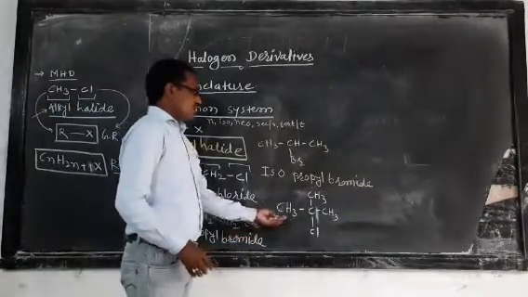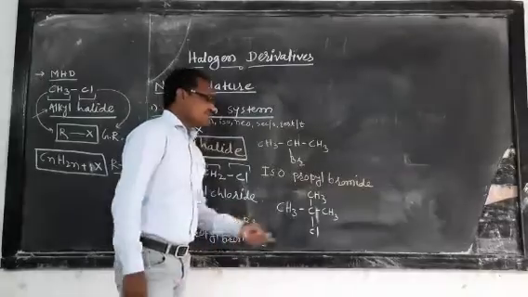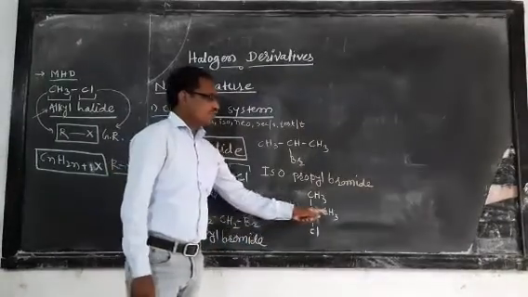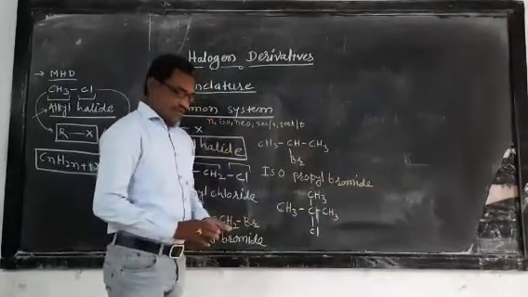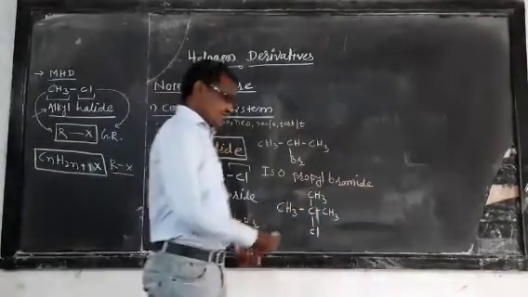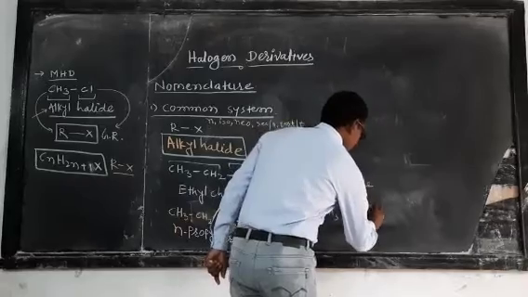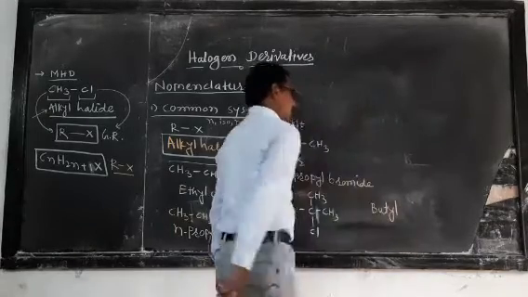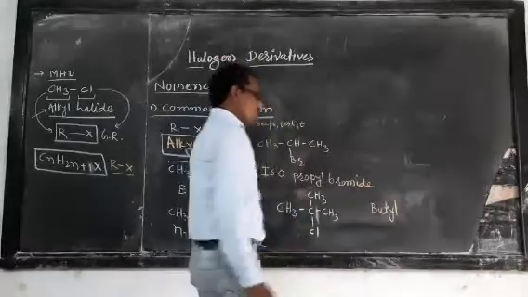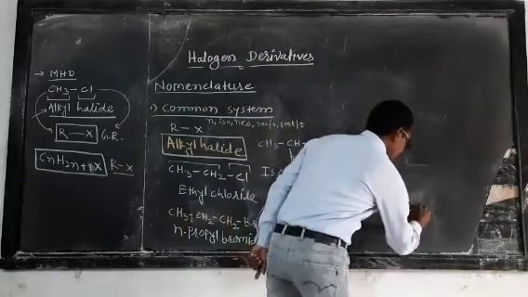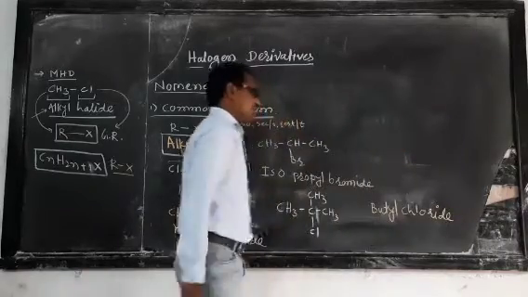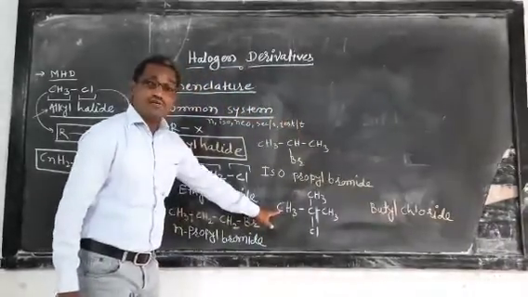According to alkyl halide, how many carbon atoms? 4 carbon atoms. 1, 2, 3, 4. Means the alkyl group of 4 carbon atoms is butyl. Here is a chloride. Means butyl chloride. But is this a butyl chloride?